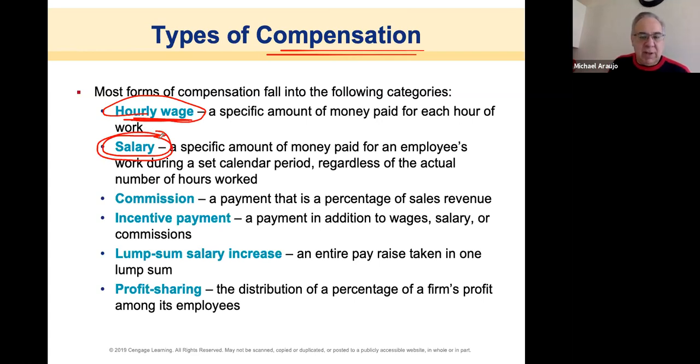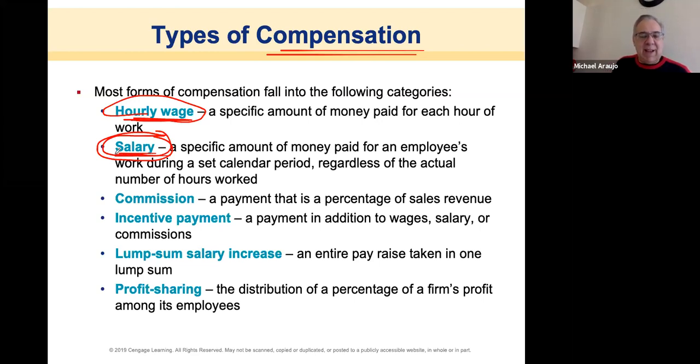Exempt from the law, separate from the law. In other words, an exempt employee is hired on a yearly basis, on a salary. We'll hire you for this job as an accountant at $52,000 a year. Well, see, the way I hired you was a yearly salary, not an hourly rate. And so that means that you are exempt from the law.